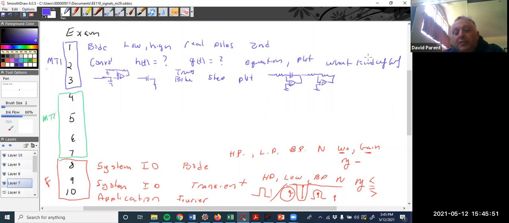Now, the thing about answering, justifying an answer, what kind of filter, is you can no longer say, well, it looks like it is because that's what it looks like, right? Why is a low pass filter rounding? Why does a high pass filter detect edges, right?